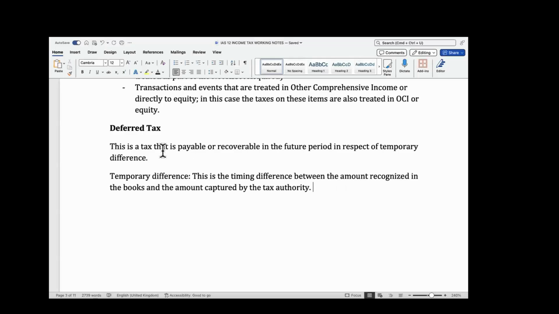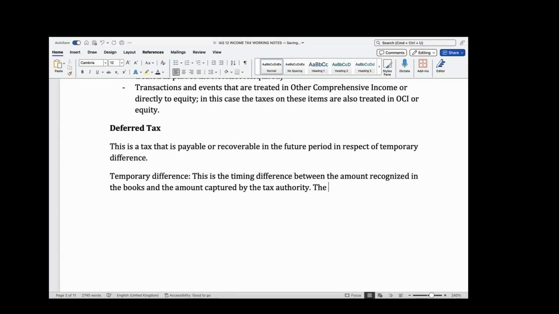Going back to this definition, I said this is a tax that is payable or recoverable in a future period in respect of temporary differences. And I said this temporary difference is the timing difference, because it's a timing thing, really. It is between the amount recognized in the books, meaning in our own records, and the amount captured by the tax authority.